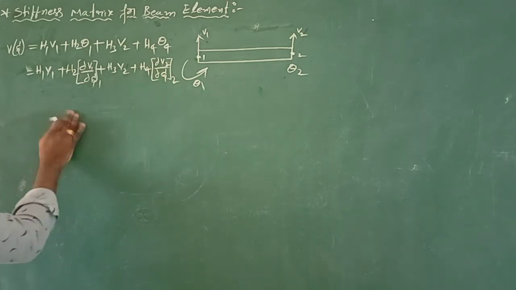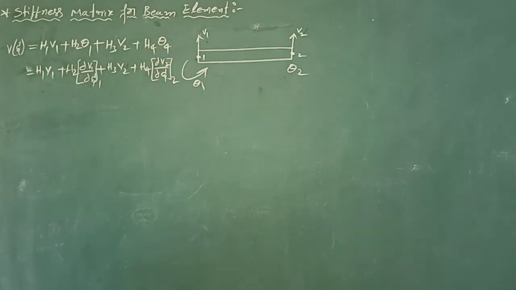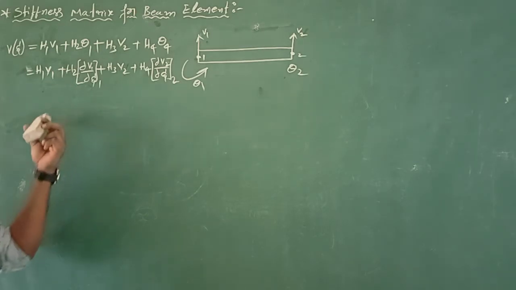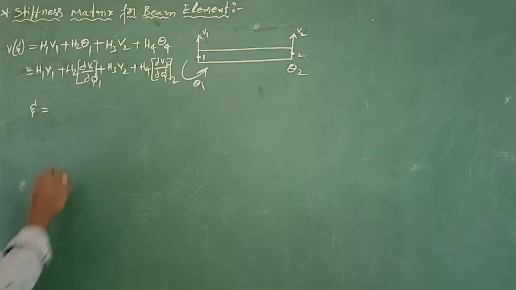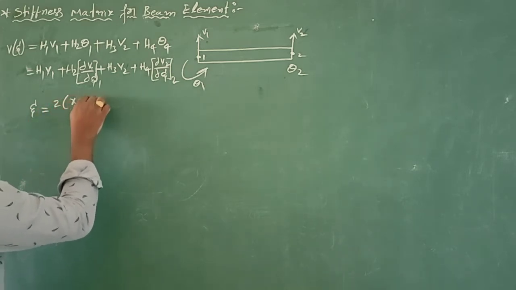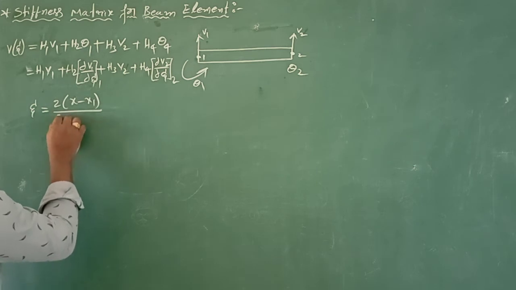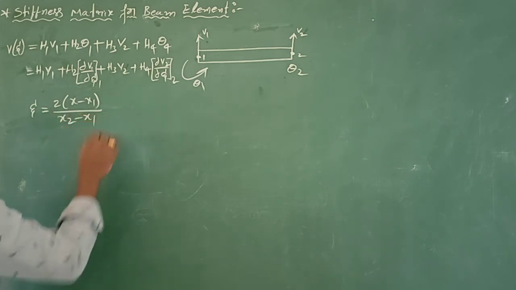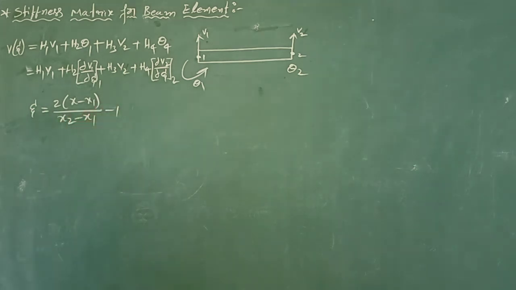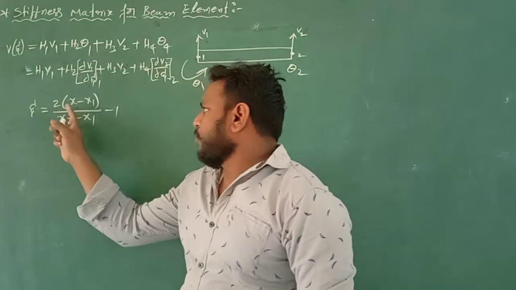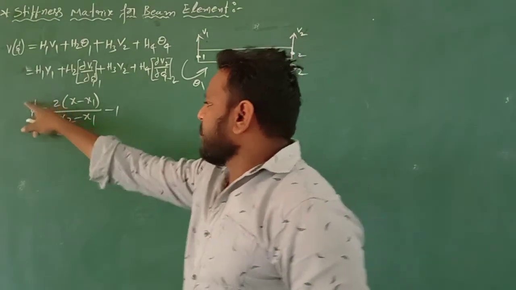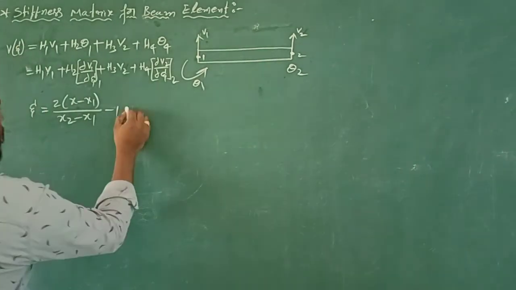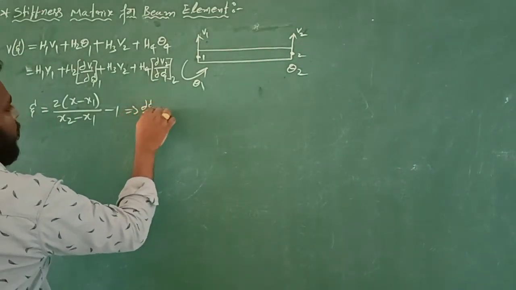Okay. So we know very well the relation between the global coordinate system and the natural coordinate system. That is, j is equal to 2 into (x minus x1) by (x2 minus x1), minus 1. This is the relation between the global coordinate system and the natural coordinate system. Differentiate this equation with respect to x, and we will get dou j by dou x.